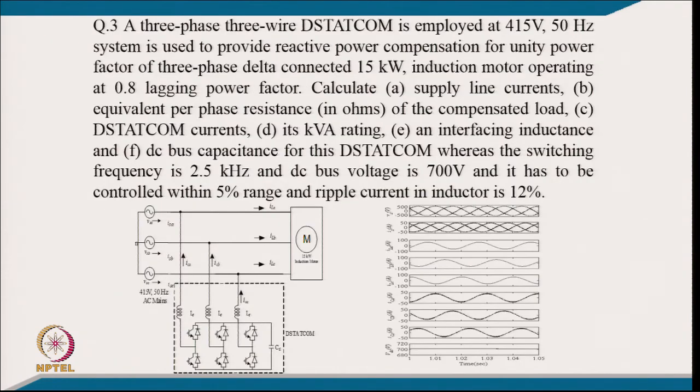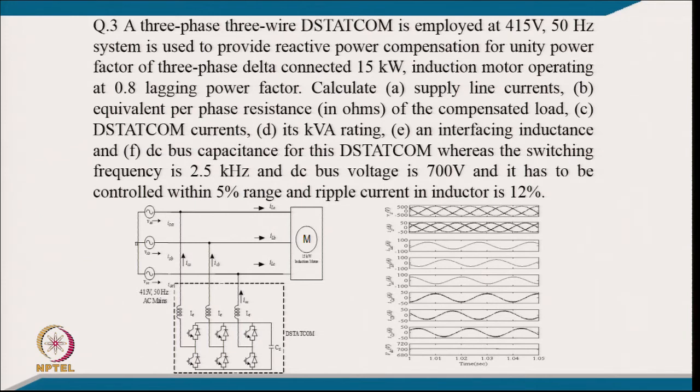I would like to discuss the distribution static compensator, virtually on the applications and then typically related to the problem. So, a 3-phase 3-wire DSTATCOM is employed at a 415 volt 50 hertz system to provide reactive power compensation for unity power factor of a 3-phase delta connected 15 kilowatt induction motor operating at 0.8 lagging power factor.